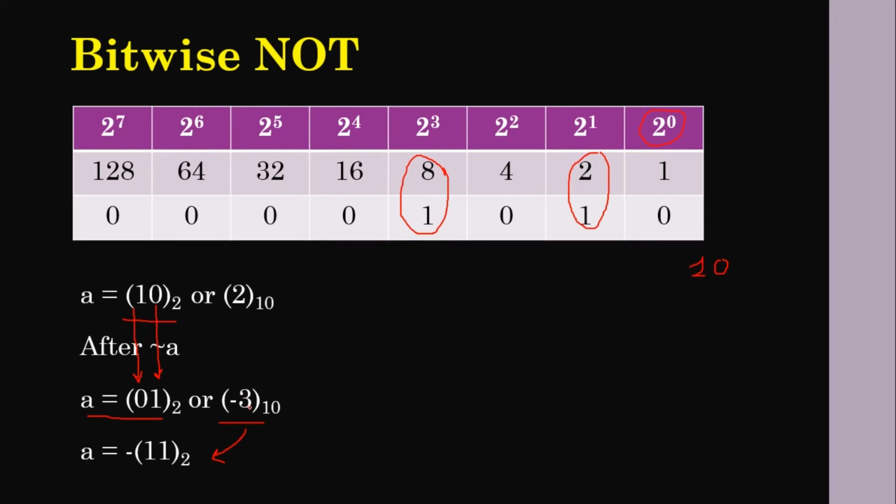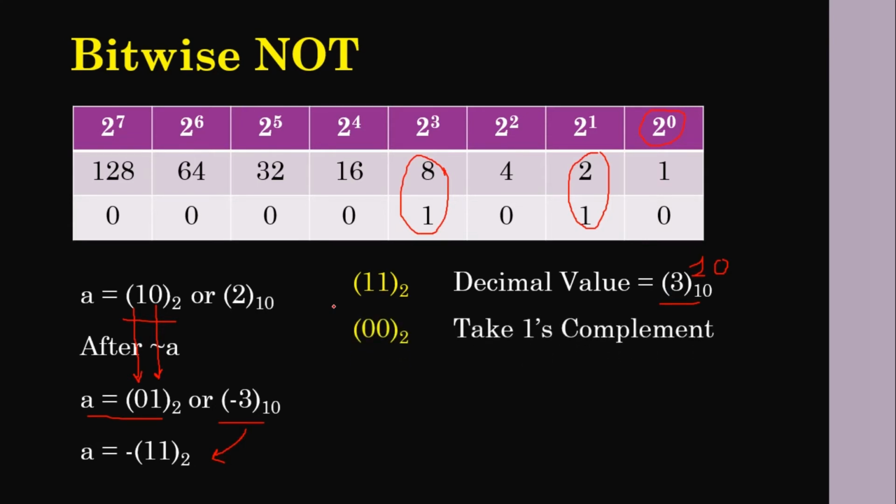So let me tell you how we can find the 2's complement of a number. We want to find the 2's complement of 3. So I consider 11 because it is the binary value of 3. Then to find the 2's complement, you have to take the complement of this number, which is called the 1's complement. So here 1 is converted to 0, and if you have a 0, it will be converted to 1.